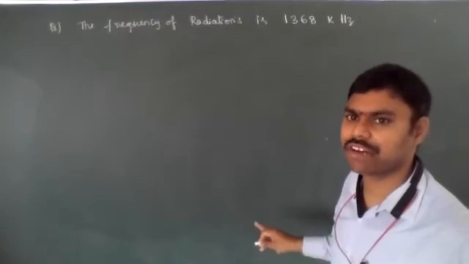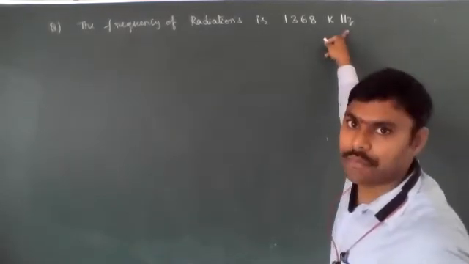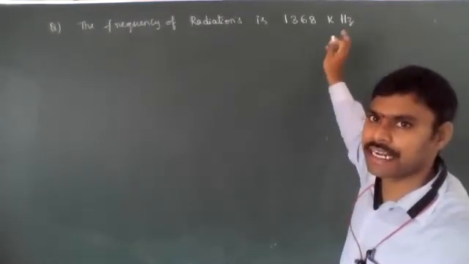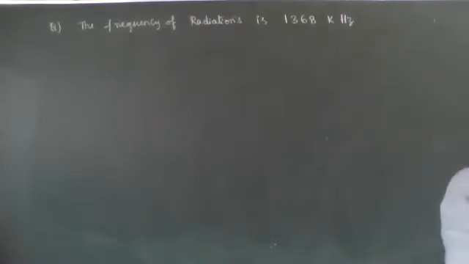1 cycle per second is equal to 1 second inverse, which is equal to 1 hertz. But here the frequency they have given is 1368 kilohertz. Calculate the wavelength.